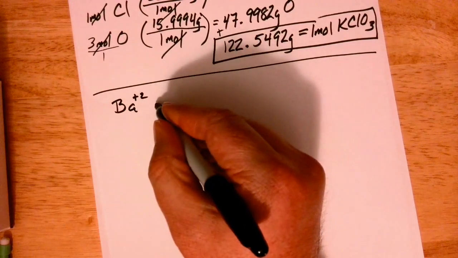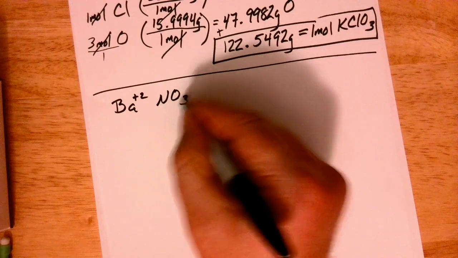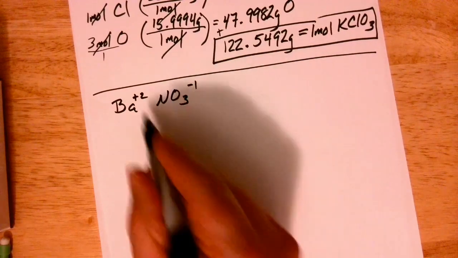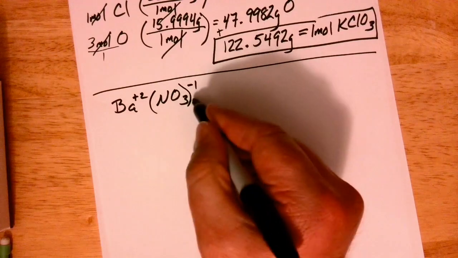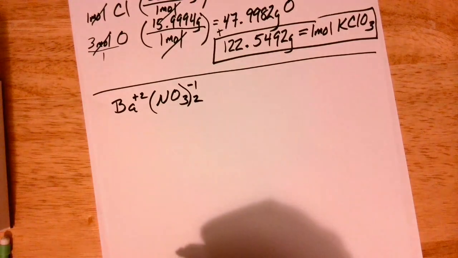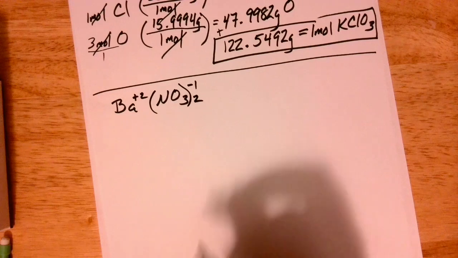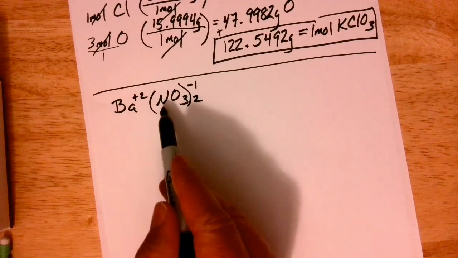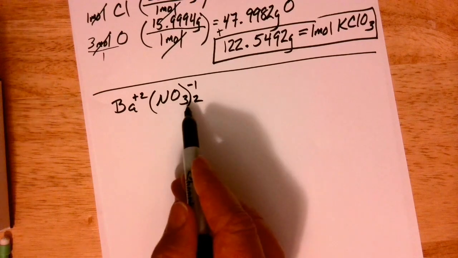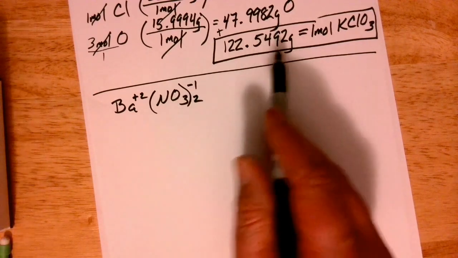Nitrate is one of your polyatomic ions, NO3 negative 1. Positive 2, negative 1, therefore you need 2 nitrates. So I'm going to close it up in parentheses. And this is one reason why we went over ions, because if you mess up on the formula, it's going to throw everything else off in the process.